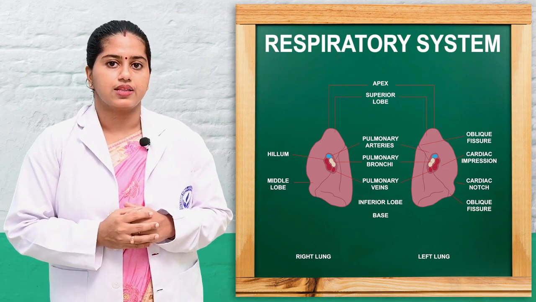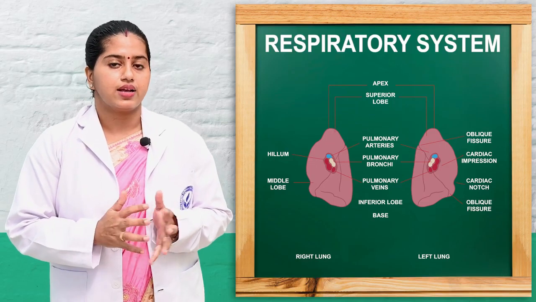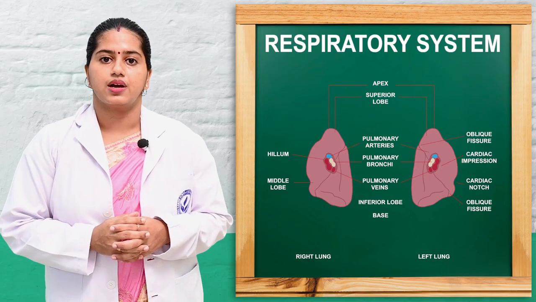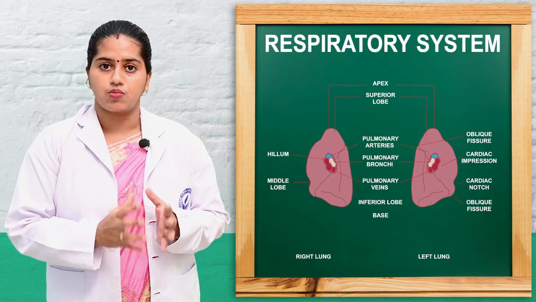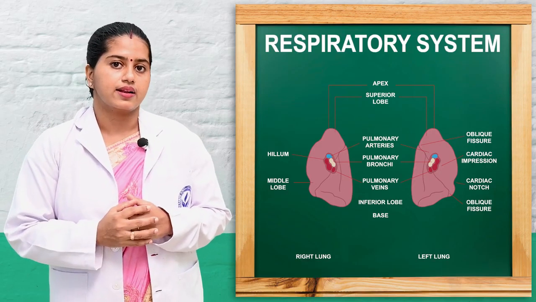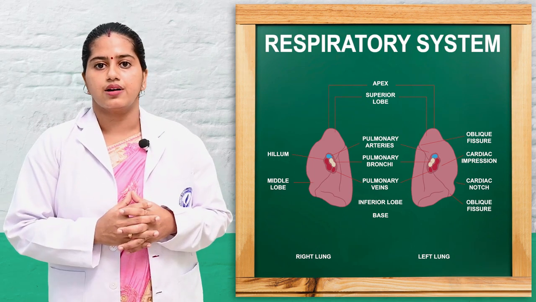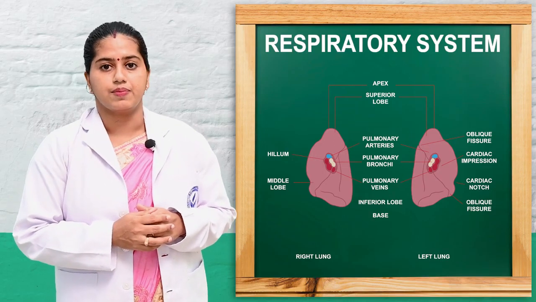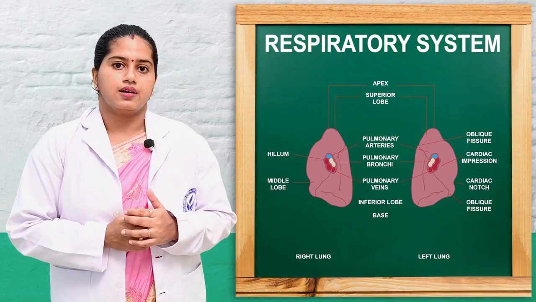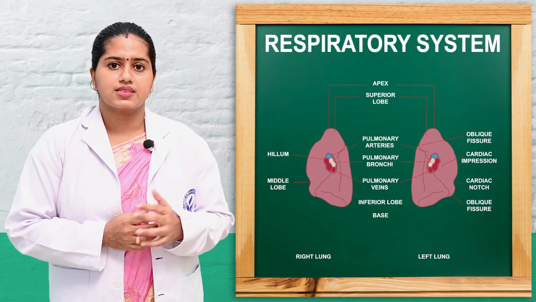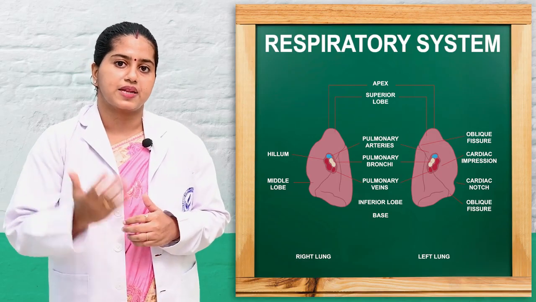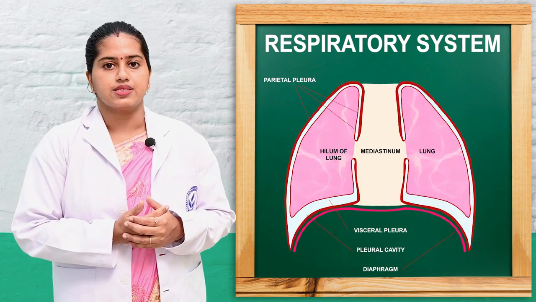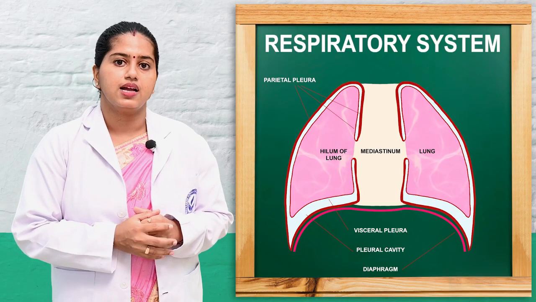The right lung is divided by the oblique and horizontal fissures, the left lung by the oblique fissure. The left lung is smaller and lighter, and the right lung is heavier. The left lung is 550 grams, the right lung is 600 grams. In the left lung we can see the cardiac notch; in the right lung it is present superior to the liver.